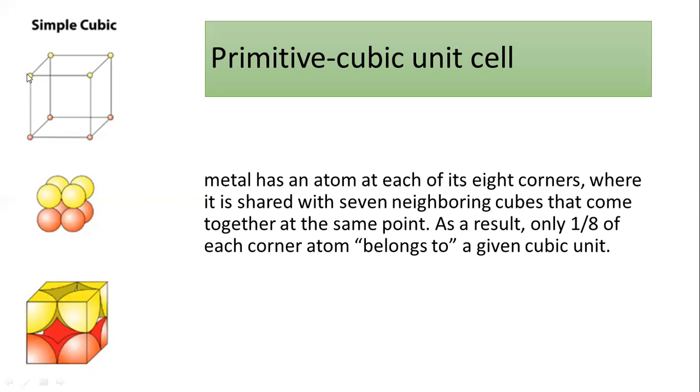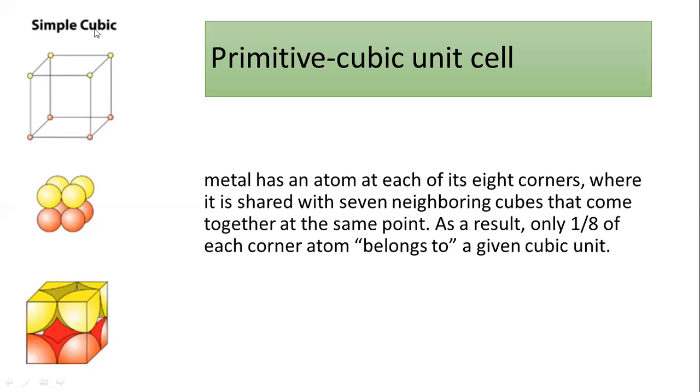And because there are eight corners, when there is a repeating unit on each side of the corner, only one-eighth of each corner atom belongs to a given cubic unit cell. So this would be when you have a crystal system.